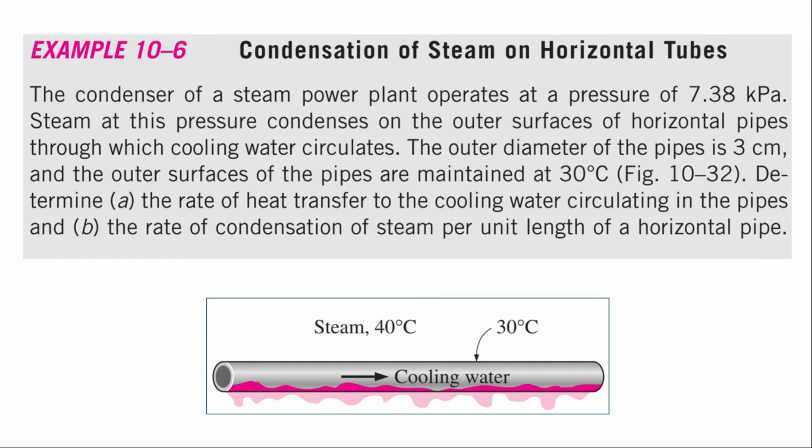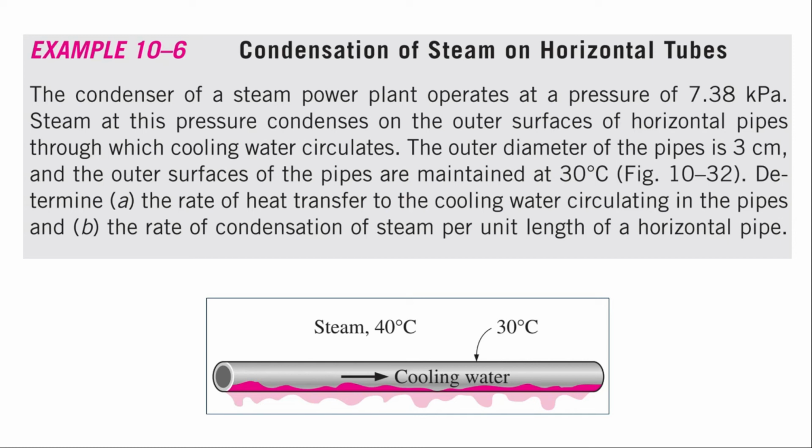So let us take an example: the condensation of steam on horizontal tubes. Let me just read the question statement. The condenser of a steam power plant operates at a pressure of 7.38 kilopascal. The steam at this pressure condenses on the outer surfaces of the horizontal pipes through which the cooling water circulates.